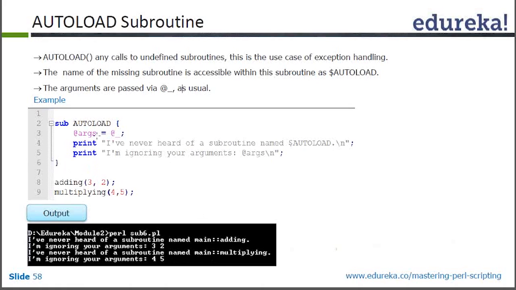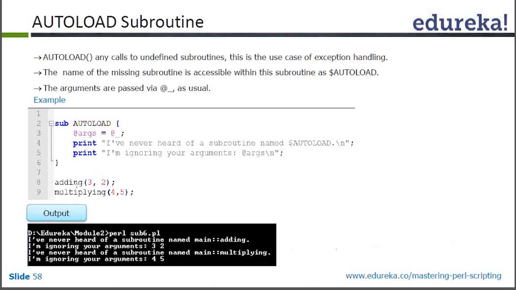That is the thing. So AUTOLOAD will contain those functionality arguments. So adding, we have seen that we have not defined it. We are just invoking. Here multiplying, we are just invoking, but there is no definition of adding. So AUTOLOAD will automatically contain these arguments.